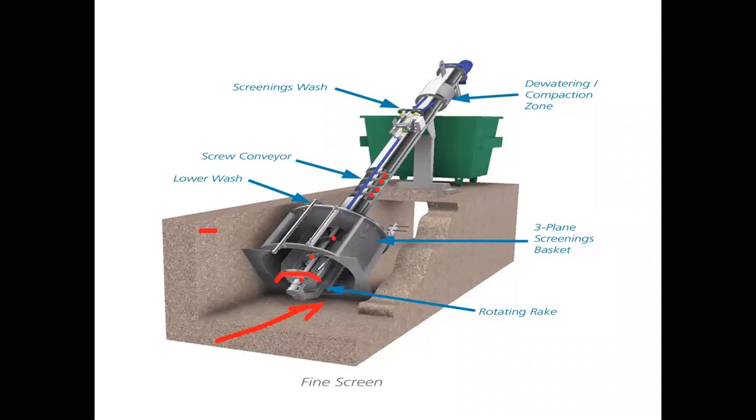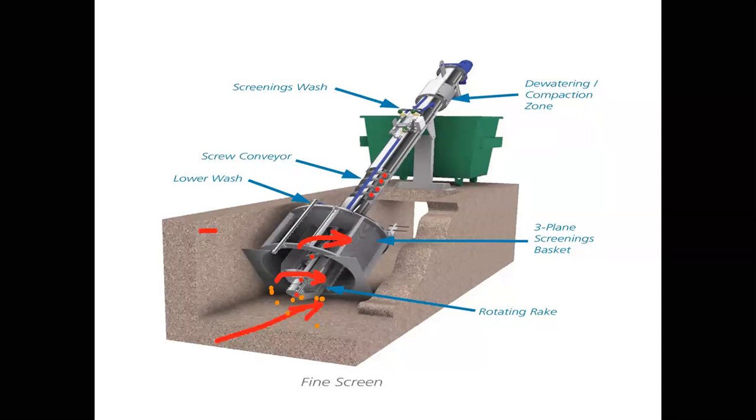Whatever solid particles are present at the bottom of the sewage flow will be attached to the first screw, and because of the movement it keeps forwarding towards the higher level.